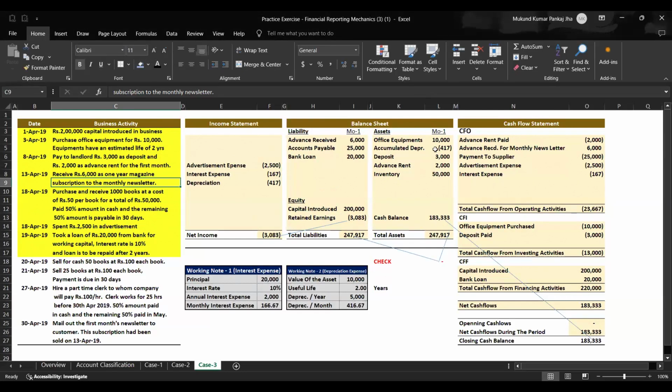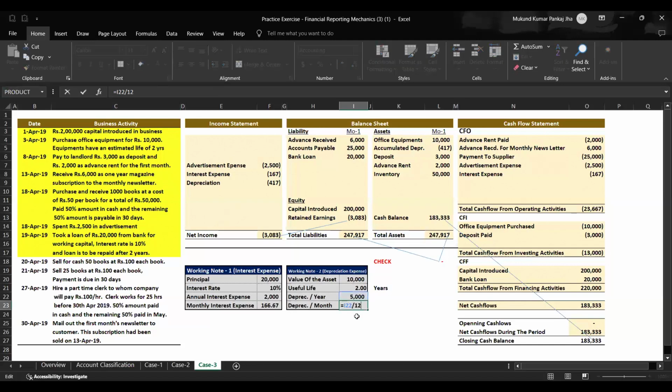Till what point of time were you there, Apurv? Please let me know so that I can guide you further. Have you understood how we calculated this depreciation expense? Were you attentive till here? Apurv, please let me know.